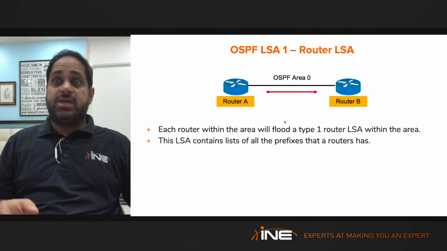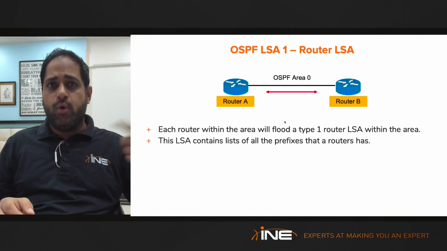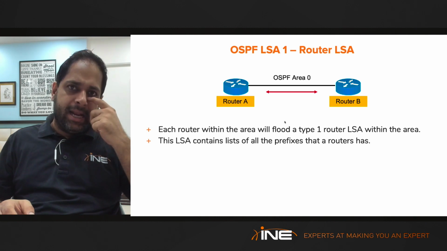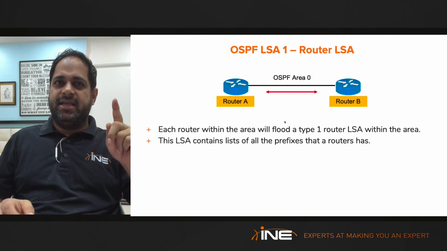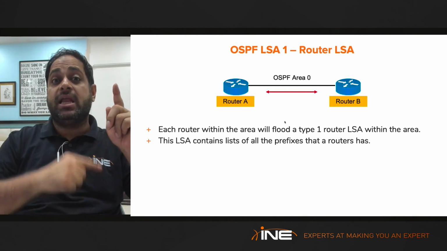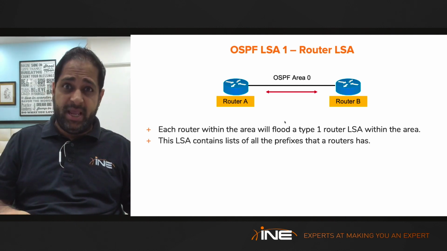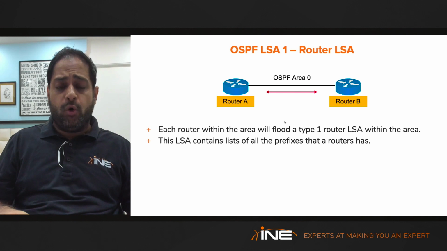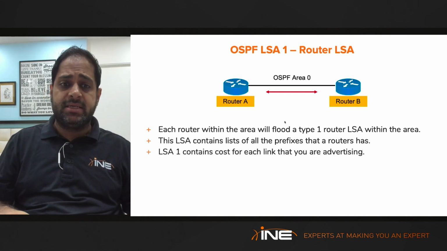It's not that because I have 3 prefixes, I am going to advertise 3 LSAs. No, it's just one LSA, LSA1, one single LSA, which contains the list of links that are running OSPF. So it contains a list of all the prefixes that a router has.